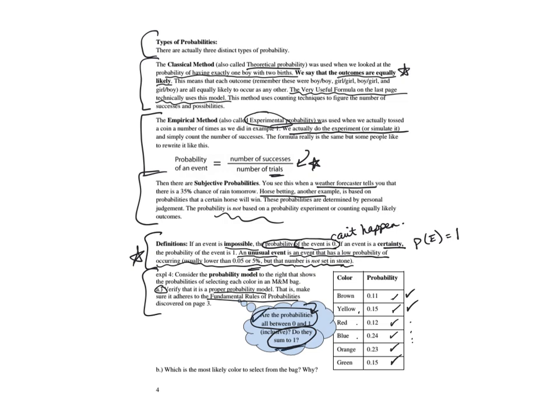Now, do they sum to 1? So add up the probabilities that they are giving you, and you're going to see it actually is 1. So yes, it's a proper probability model.